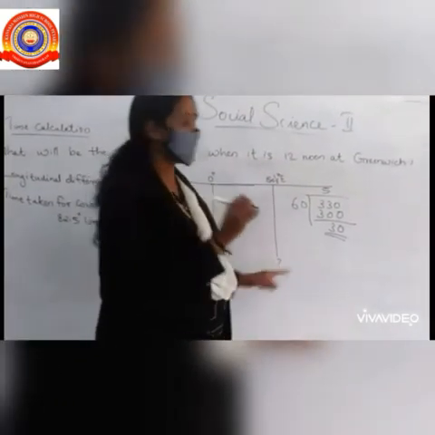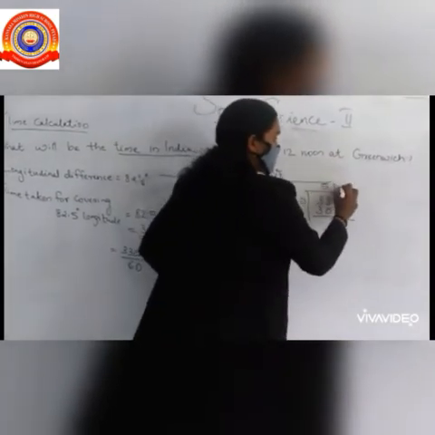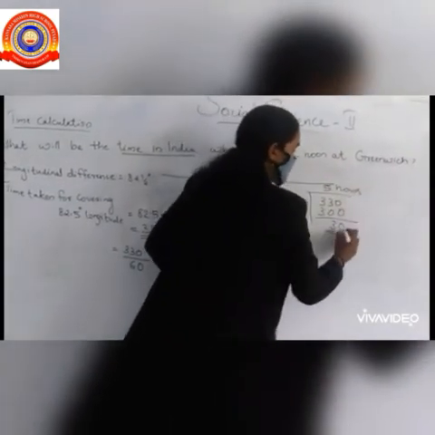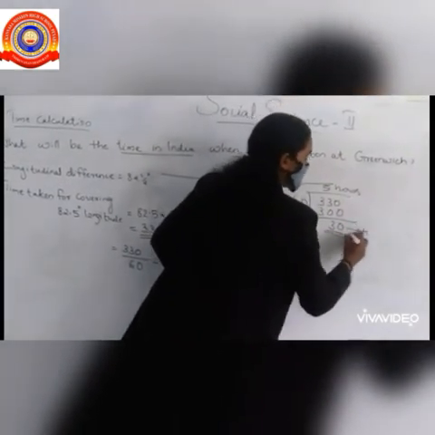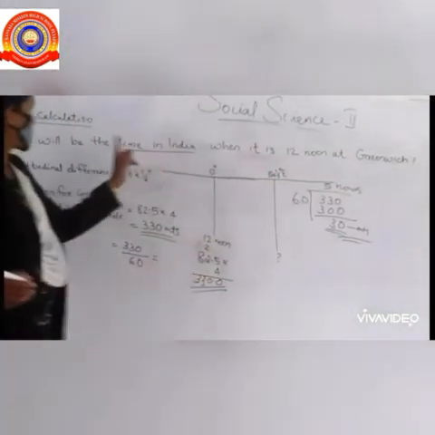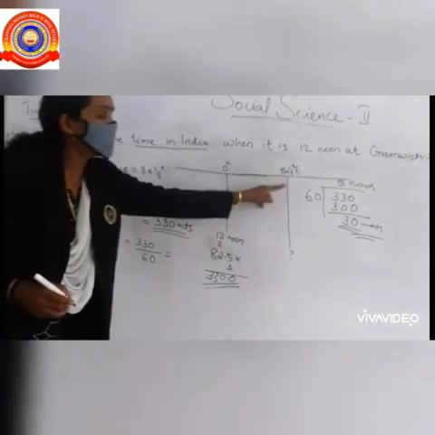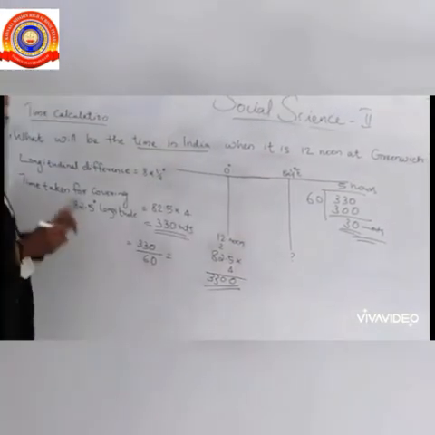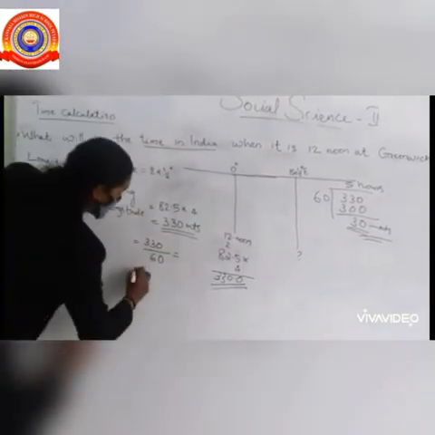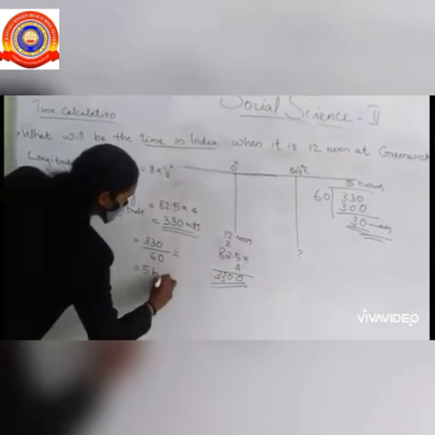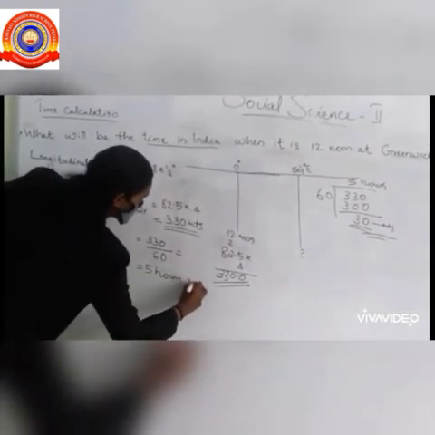Listen carefully. Here 5 is the hours and the remaining 30 is minutes. So the time duration between India and the Greenwich meridian is 5 hours 30 minutes.